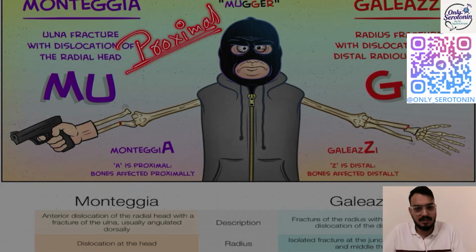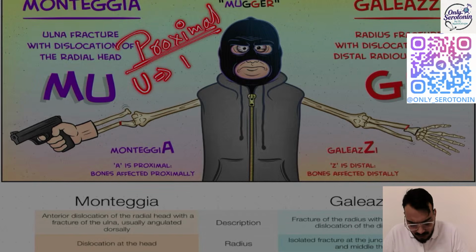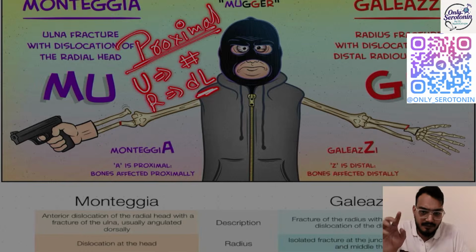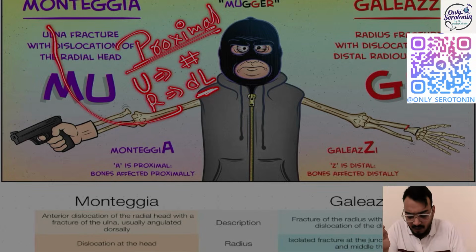First of all, remember this. Then you are going to have ulnar bone fracture and radial bone dislocation. If my ulnar bone is getting fractured and radial bone is getting dislocated from the proximal side, what is it, guys? It is Monteggia.